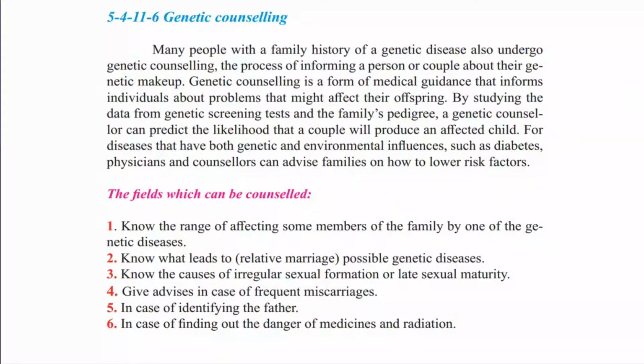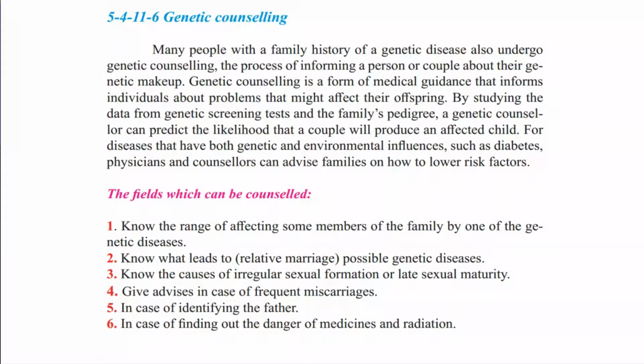By studying the data from the genetic screening test and the family pedigree, the genetic counselor can predict the likelihood that a couple will produce an affected child. For diseases that have both genetic and environmental influences, such as diabetes, physicians and counselors can advise families on how to lower the risk factors, because prevention is more important than repair.